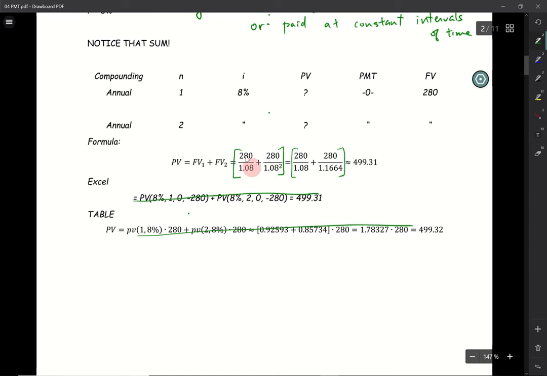We saved it and we added them together, and then we got the number. The other way to do that is to say, well, I have this 280 in both of these terms, so what should I do? I have a 280 in this term plus something else, plus 280 and something else in this term. What should I do?